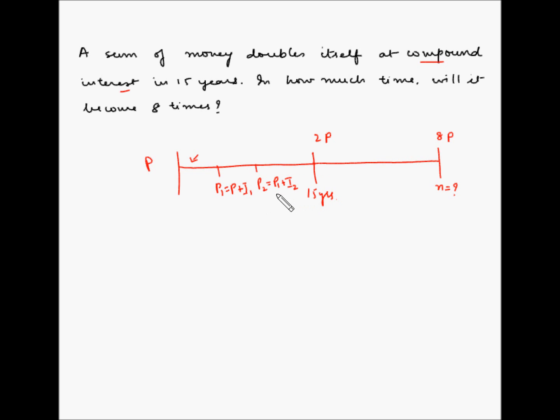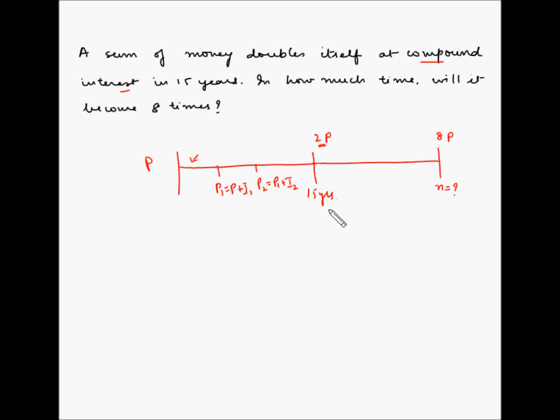Now had this been simple interest, we would have said that the increment in the principal is the same for each year, and hence we could have found the proportion of the number of years with the increment in the principal, and could have easily found out within how much time the principal is going to become 8 times.